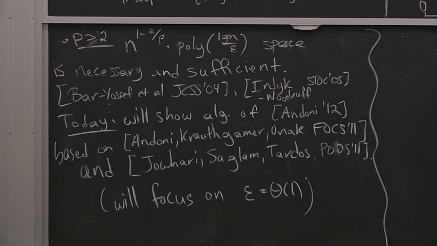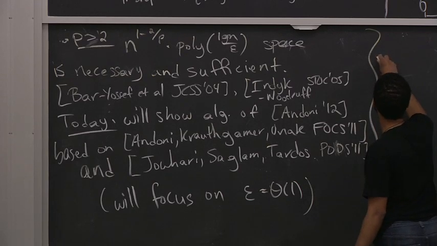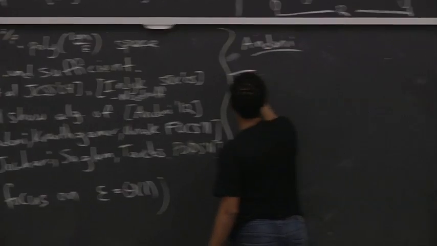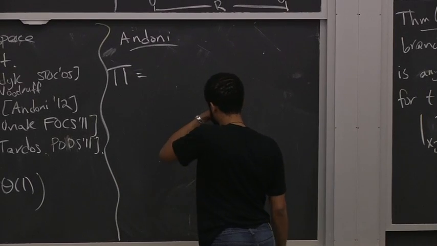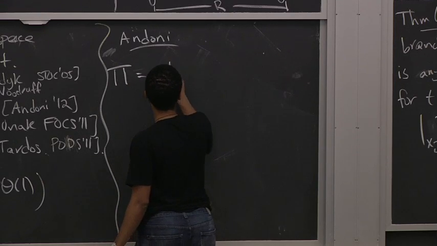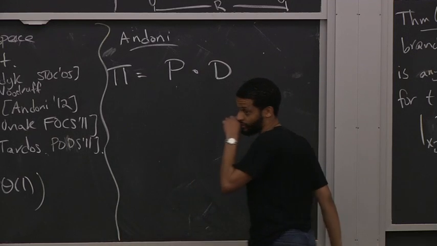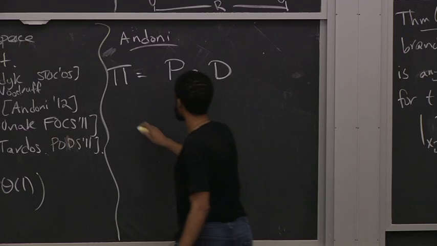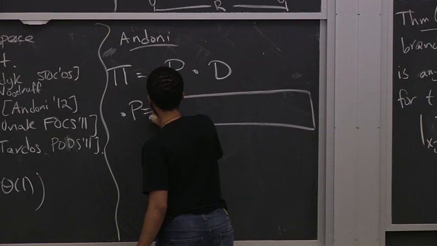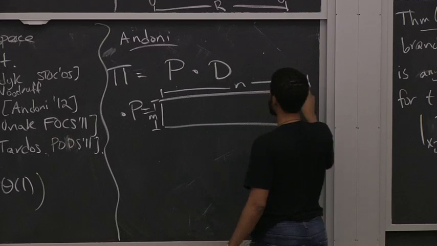But let me show you the algorithm. Again, it's going to be a linear sketch algorithm. So we're going to come up with the right matrix pi. How are we going to do it? Pi is going to look like a product of two matrices, which I'll call P times D. P is going to look a lot like a matrix that you're going to see on p-set 1.